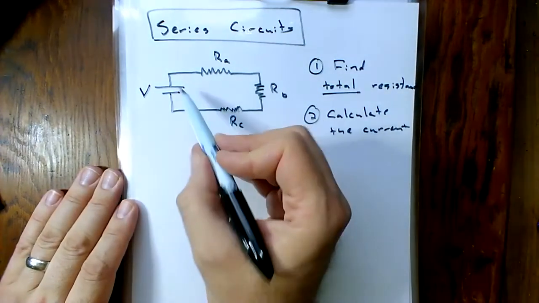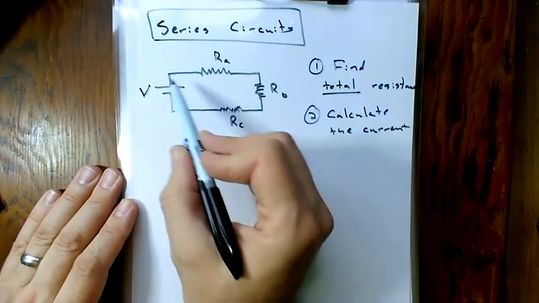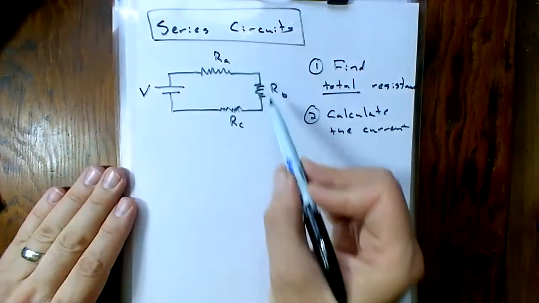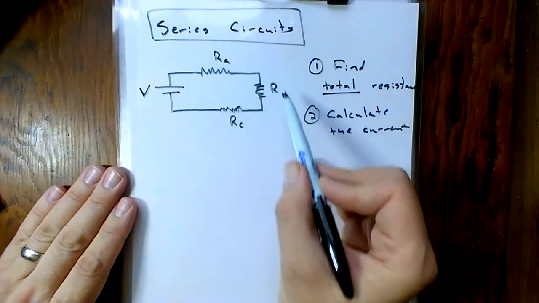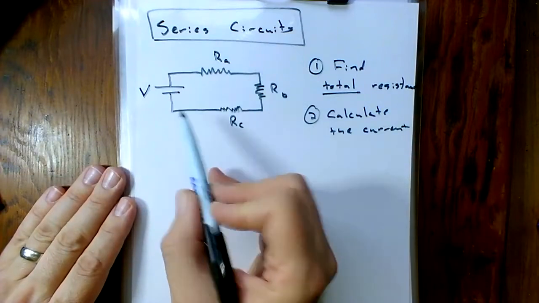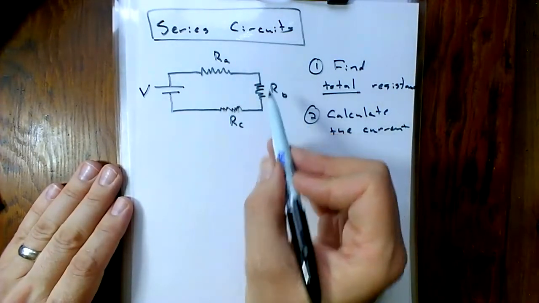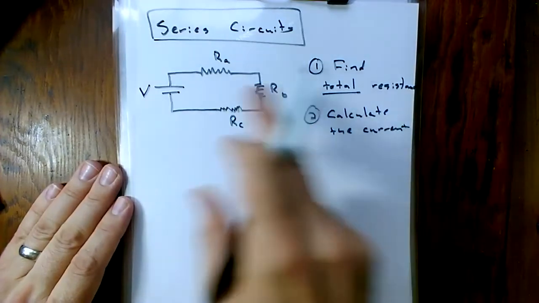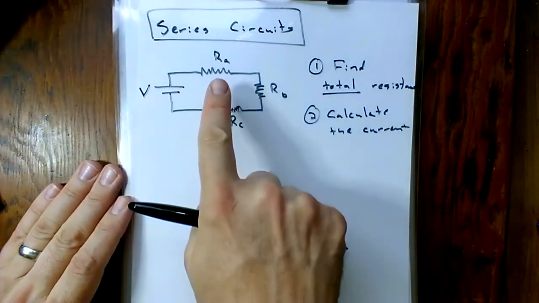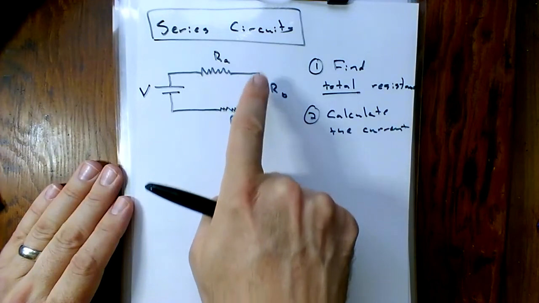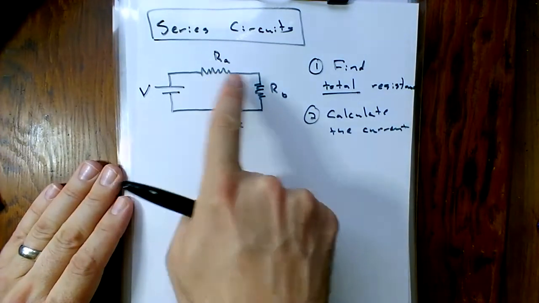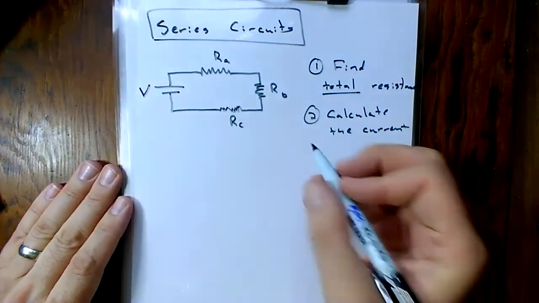And because we've got one path, that current, that flow of electrons, is going to be the same for the entire circuit. But what's interesting is because I've got different resistances and the current's going to be the same, that means that the voltage drop for each of these resistors is going to be a little bit different.